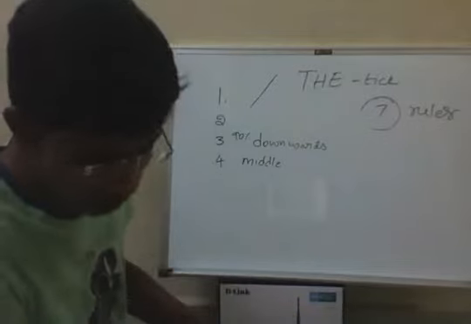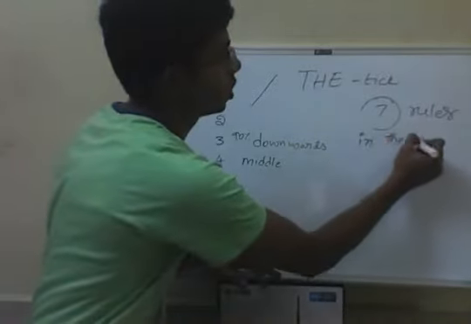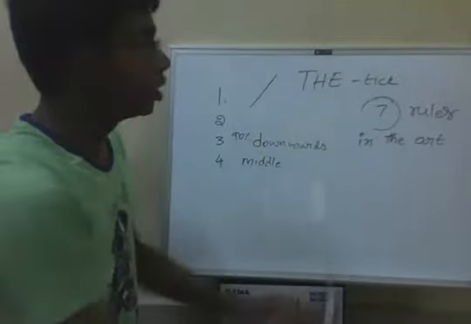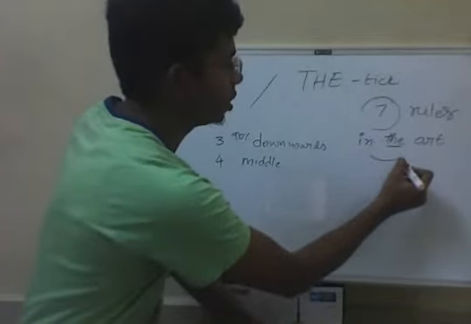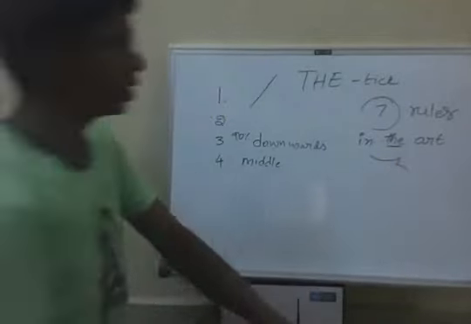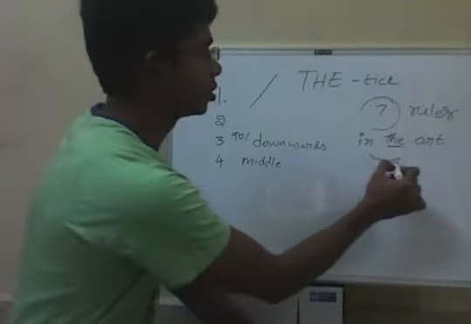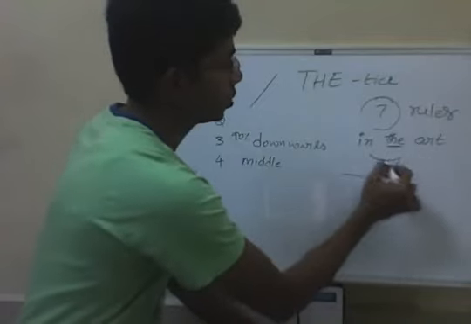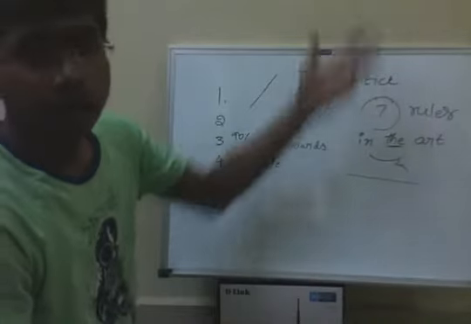The next example, "in the art". So in the art, if you take, there is a THE. So "in" will be upwards, right? "In" is a gramlog which will lie above the line.